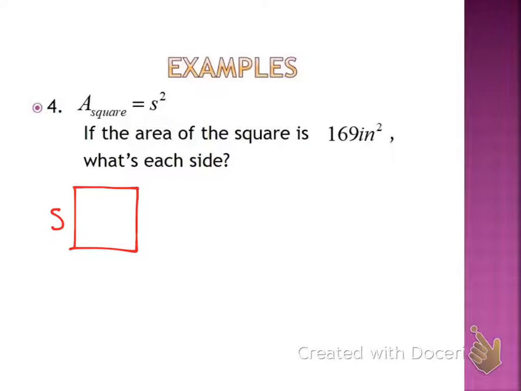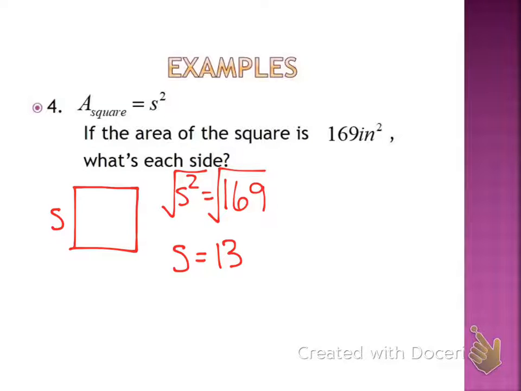So a side is just one of the sides. They should all 4 be the same. So side squared is equal to 169. In order to solve this, we have to square root both sides. That would get s by itself. Connor, what do we get as our answer? 13. What are our units? Inches.